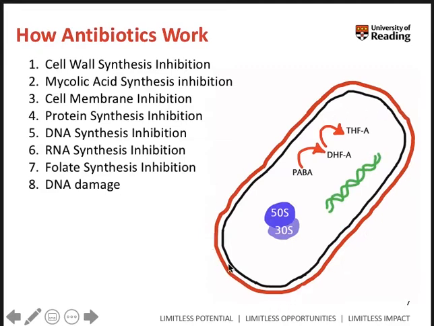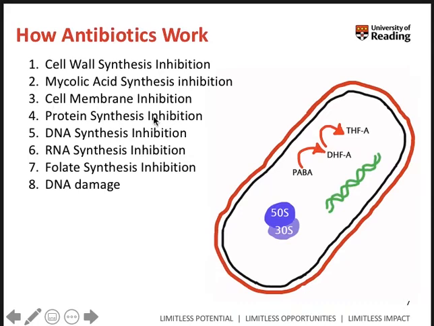So here's a little cartoon bacterium on the right with some of the key targets of antibiotics. I'll just pick out a few. Number one here is cell wall synthesis inhibitors. This includes antibiotics like the penicillins. They inhibit the synthesis of this bacterial cell wall, shown here in red.